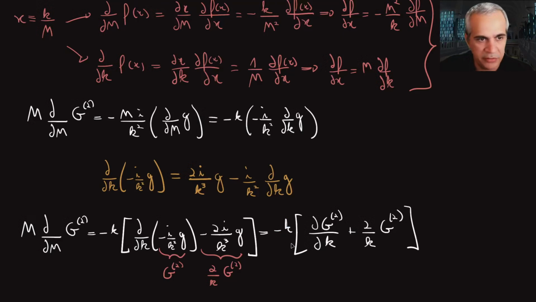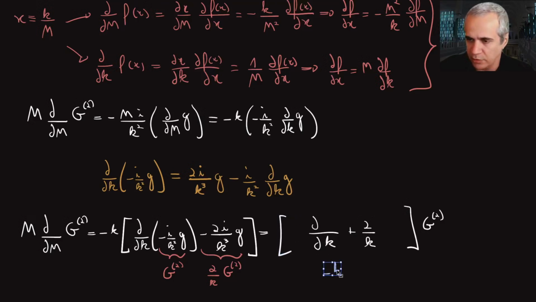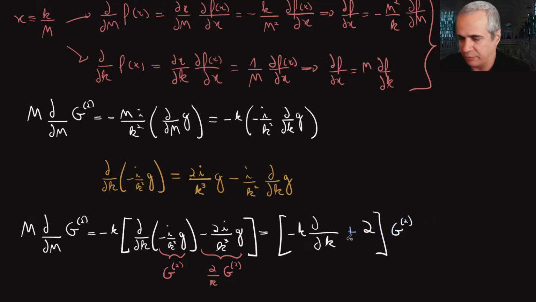There's this minus here, so let me bring the G2 to the right, erase it from here. This minus k goes in here and cancels this one. And that's what I wanted. Oh, there's an extra minus here. Let's not forget, there's a minus, it goes in there. This was 2 over k, so there's another minus.